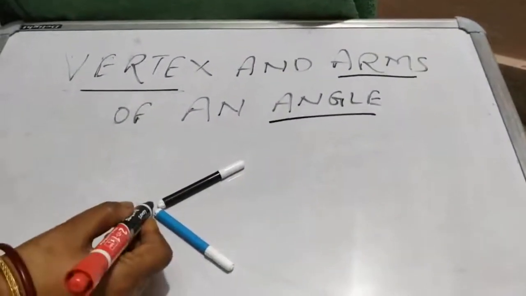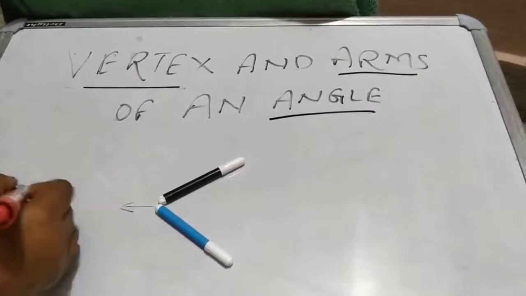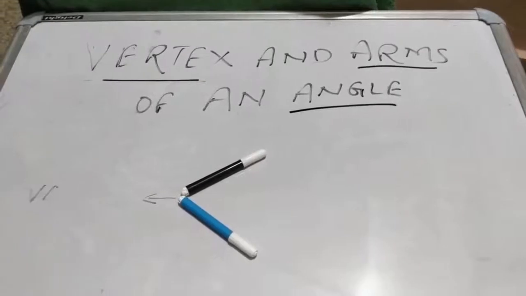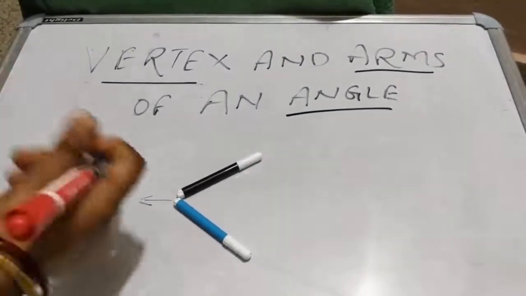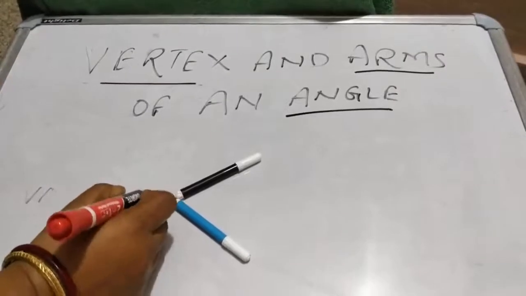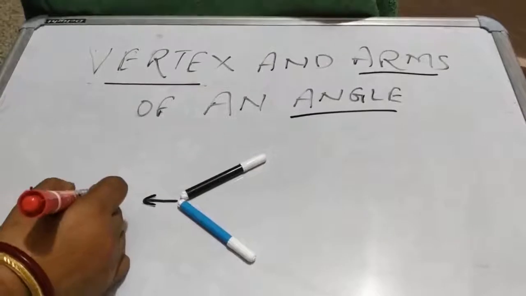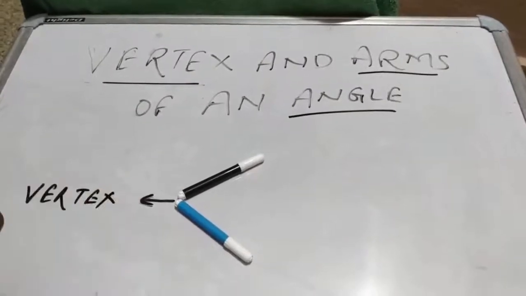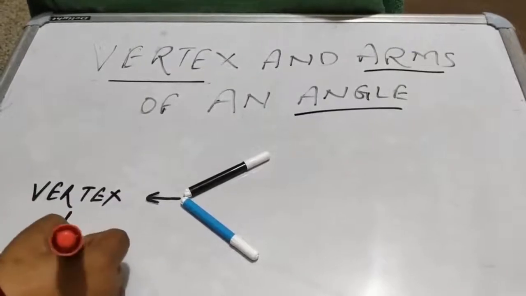This common end point, this point, is called the vertex of the angle.